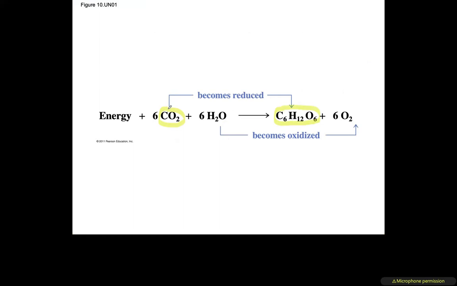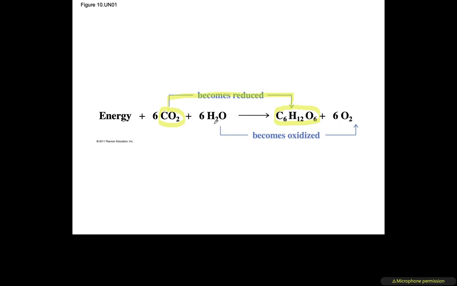Why? Because you can't hook on more hydrogens and carbons and oxygens if you don't have more electrons to help it hook together. So the CO2 is reduced, meaning it's an electron stealer. I don't know if you guys remember that from lecture, but there you go.